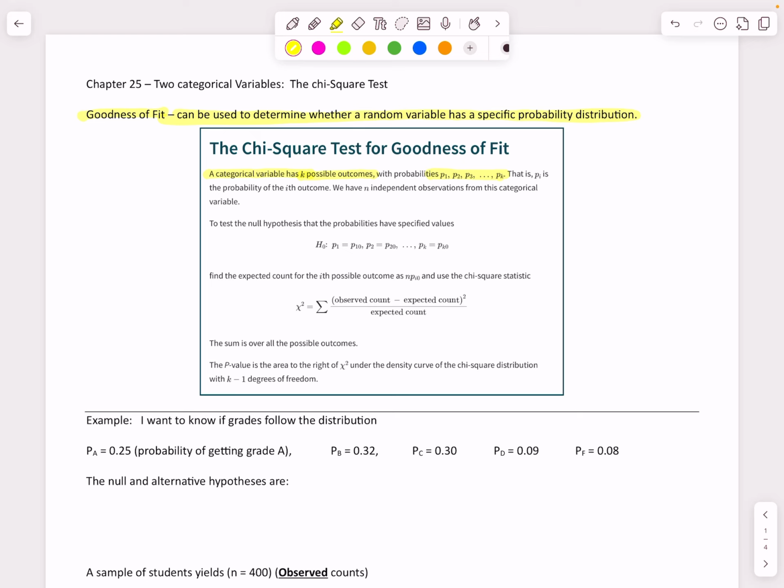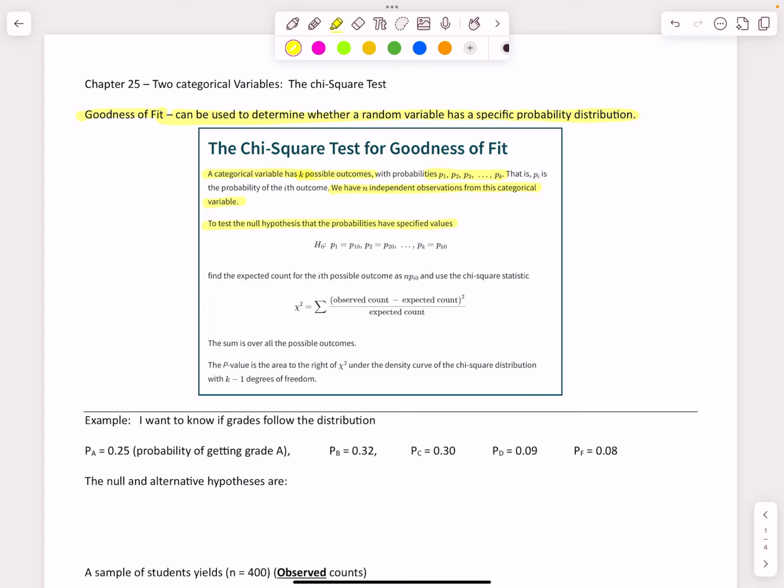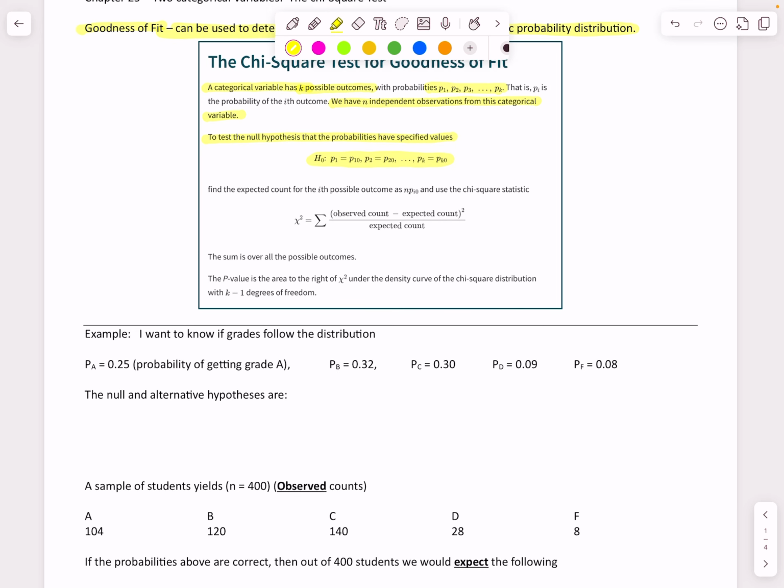Then we have n independent observations from this variable, and we want to test the hypothesis. The null is always going to be, these are the actual probabilities, and we list all of them, starting at the first one all the way to the last one. Then we have what we expect out of n observations.